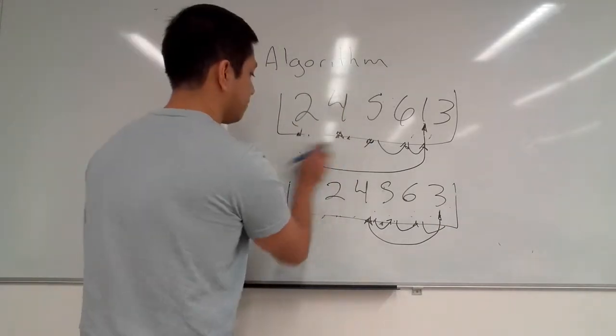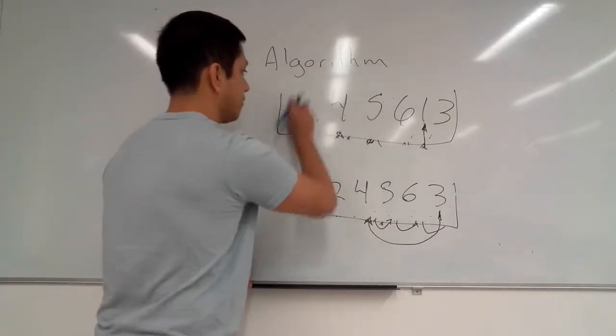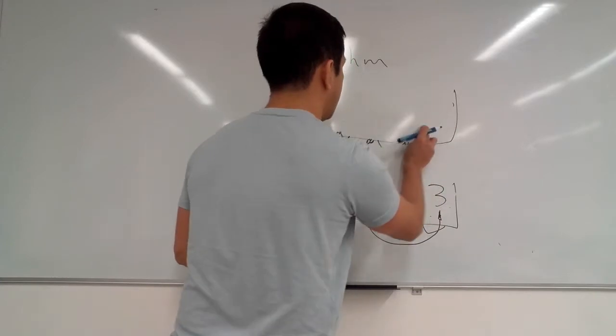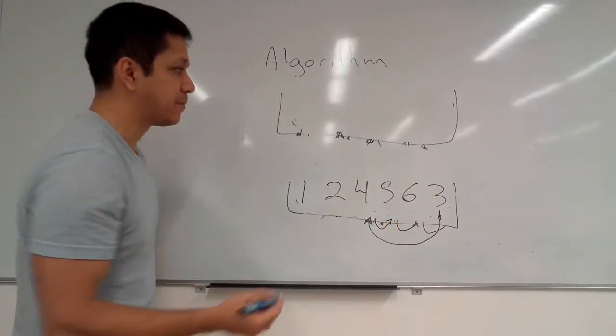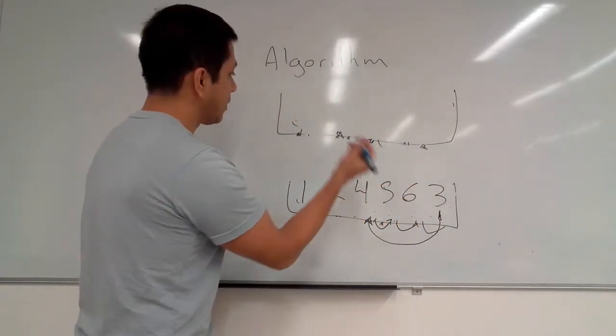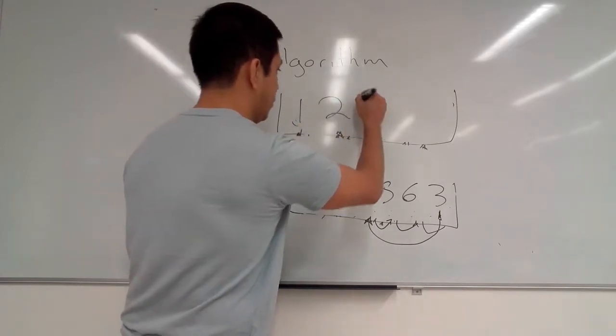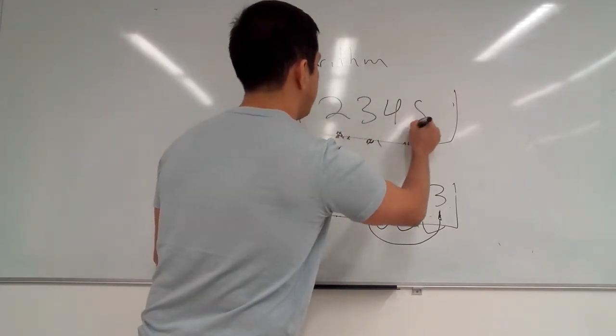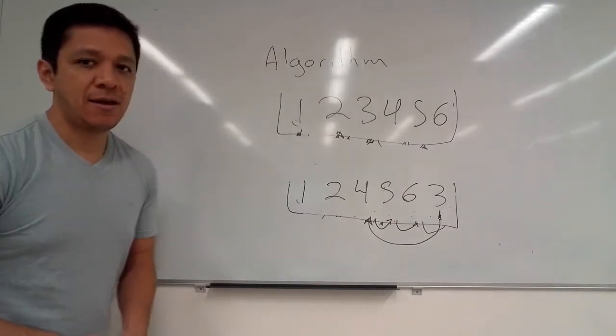That gives sense to the algorithm. So now the arrangement will be 1, 2, 3, 4, 5, and 6.